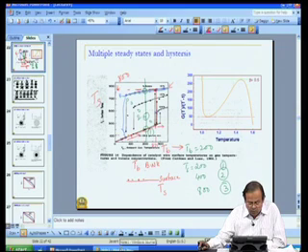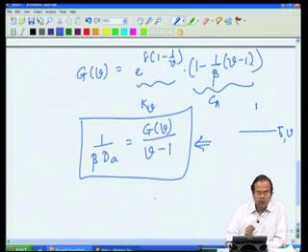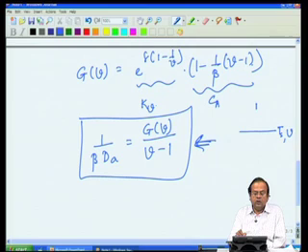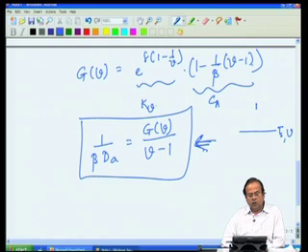This is an equation in a single unknown V. So, once we know the value of beta and Damkohler number, we can solve this equation for a value of V. Numerically you can solve it. Remember, this G of V is not a simple expression, so you may not get an analytical solution, but certainly numerically you can solve it.